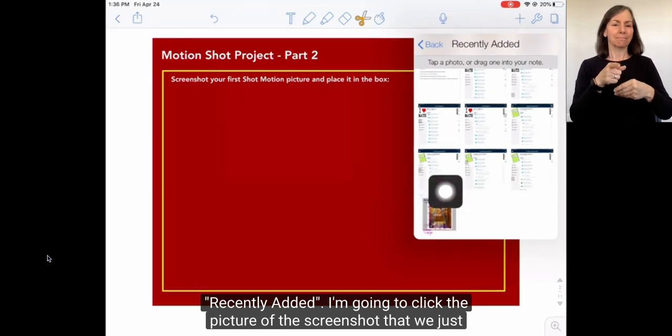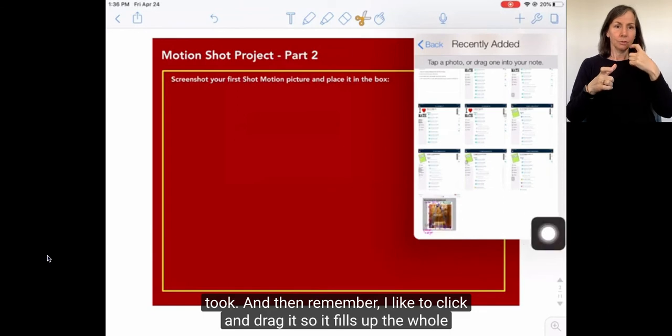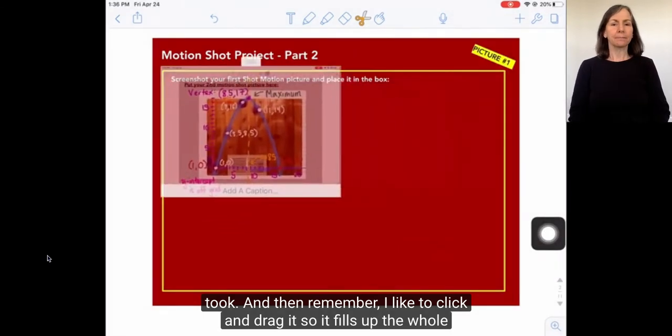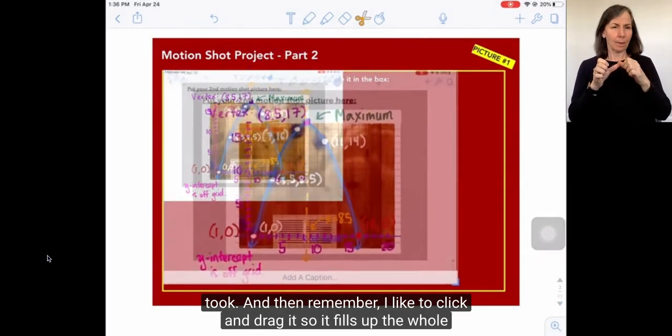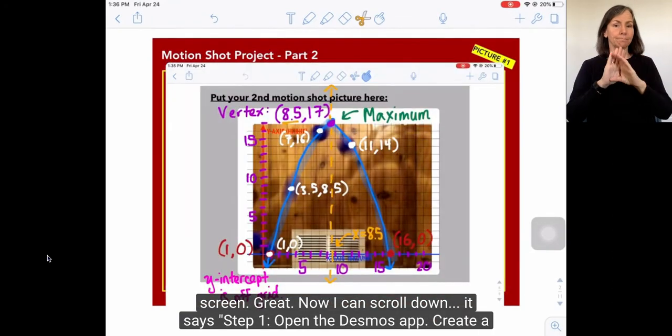I'm going to click the picture of the screenshot that we just took. And then remember, I like to click and drag it so it fills up the whole screen. Great. Now I can scroll down.